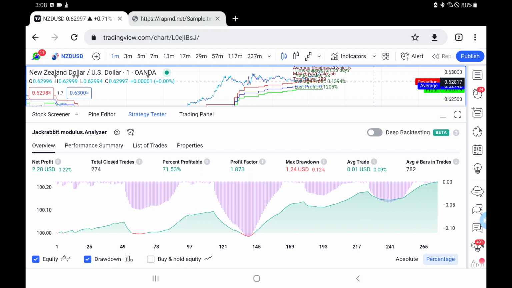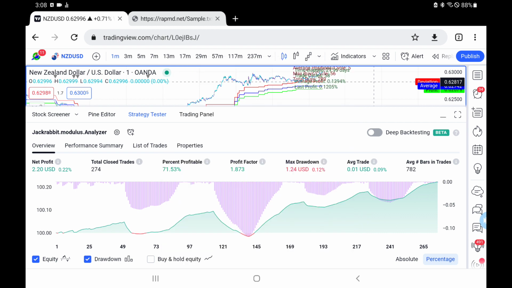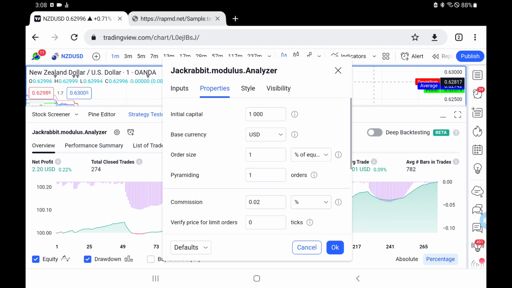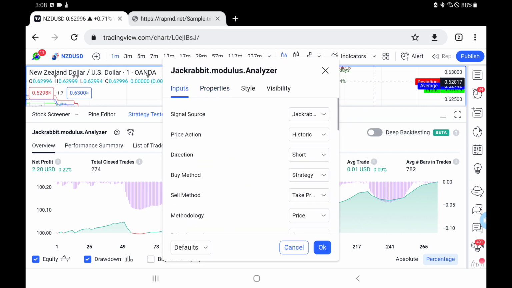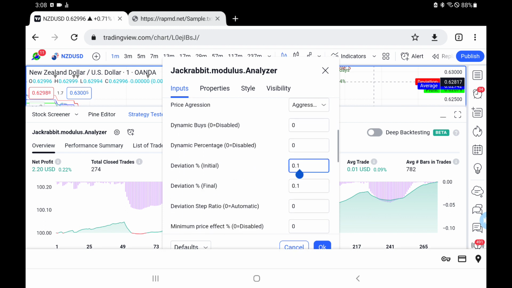0.1% deviation may not be a situation you can handle. So you might actually want to try a deviation that is different.